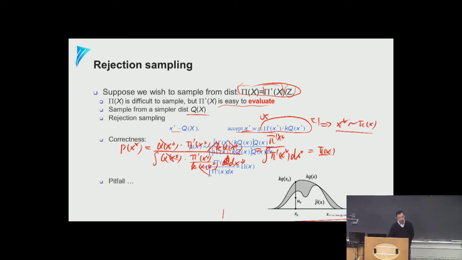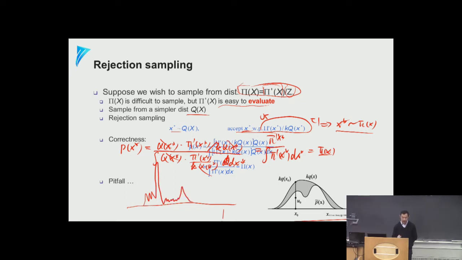So any pitfall with this technique? Yeah. What's that? You can be rejecting the samples most of the time. You can, yes. Yeah, for example, this can happen: you have a weird distribution, which is like this.